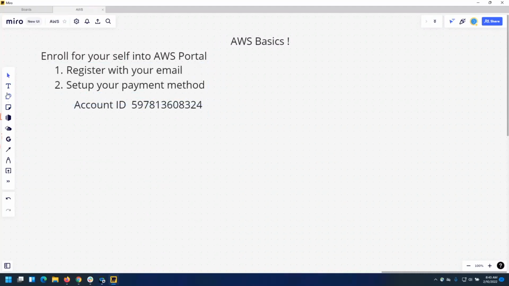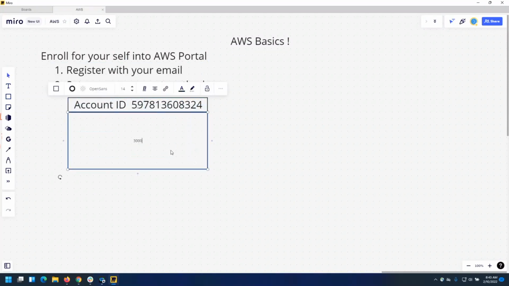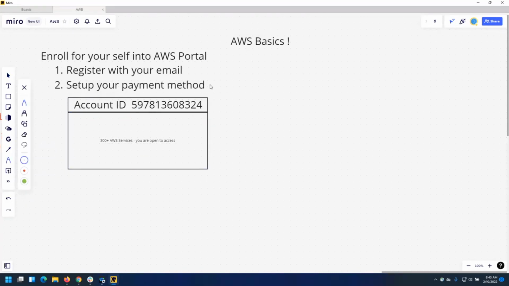Under this account, you are open to access 300-plus AWS services. You got the account and you got the payment method set up.